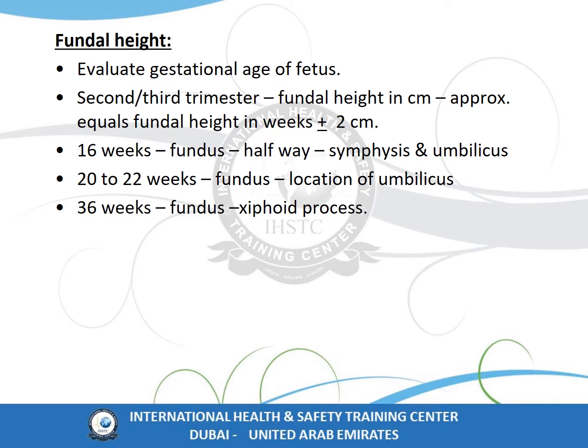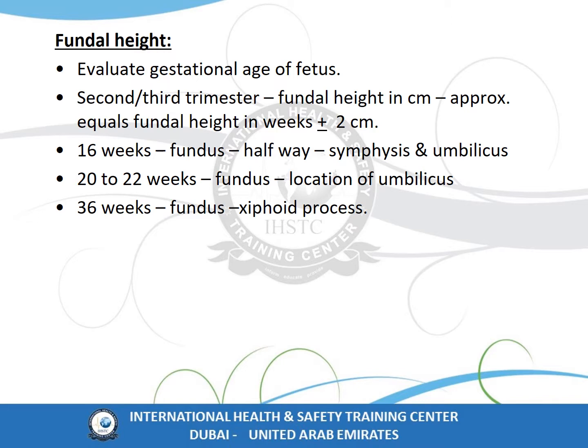During the second and third trimesters, that is from week 18 to 30, fundal height in centimeters approximately equals the fetal age in weeks, plus or minus 2 centimeters. At 16 weeks, the fundus can be found approximately halfway between the symphysis pubis and the umbilicus. At 20 to 22 weeks, the fundus is approximately at the location of the umbilicus.